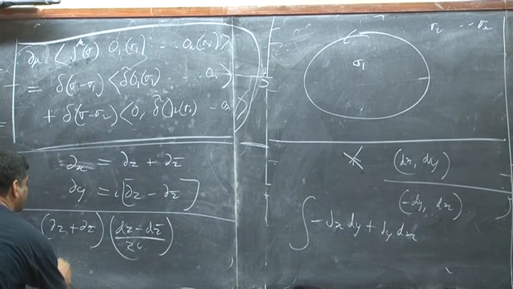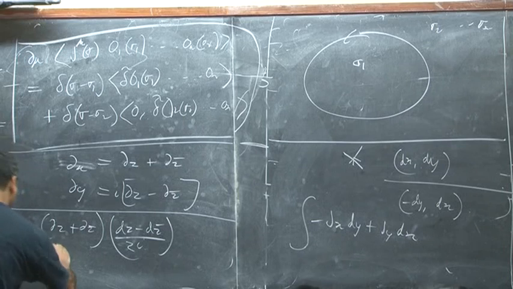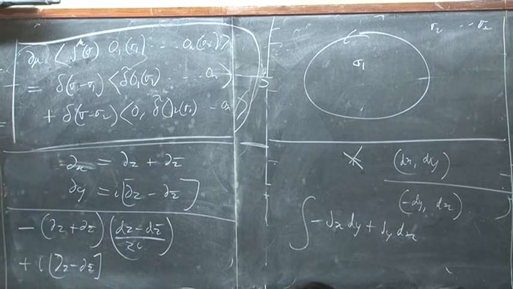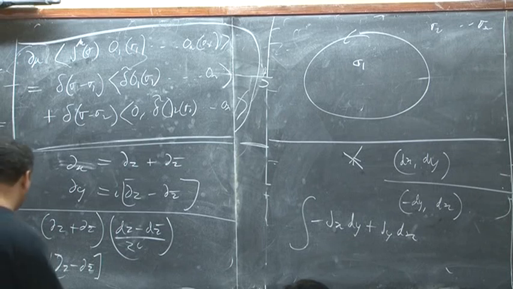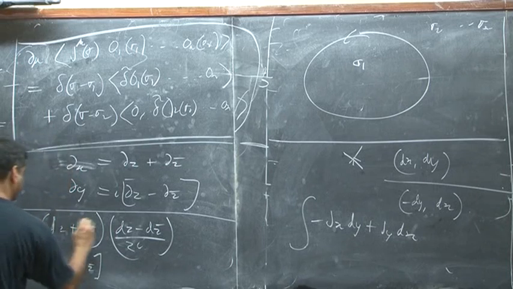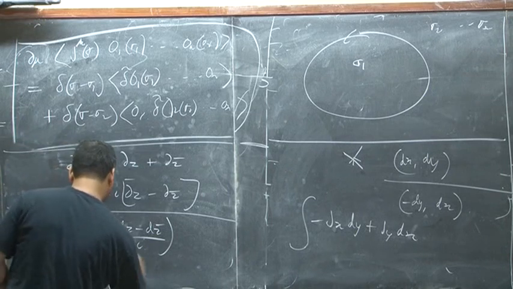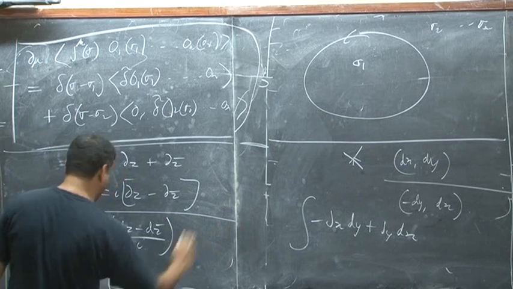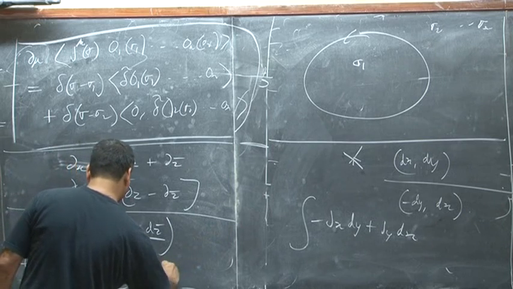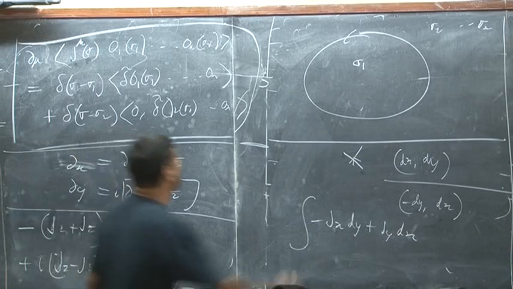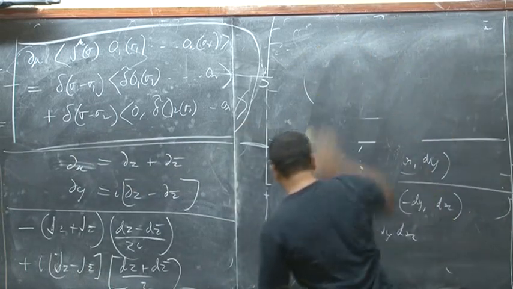Plus Jy, which was i times Jz minus Jz bar, into dx, which is dz plus dz bar by 2. Okay, and now we have to collect terms, and if we've done things right, we get a nice answer.